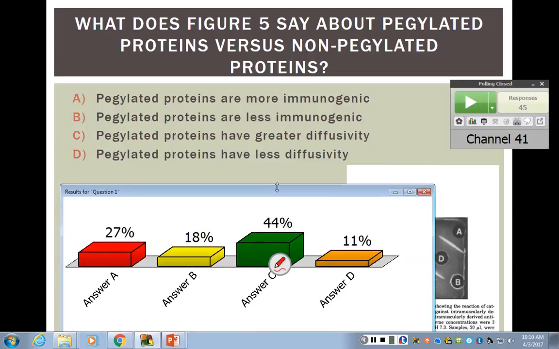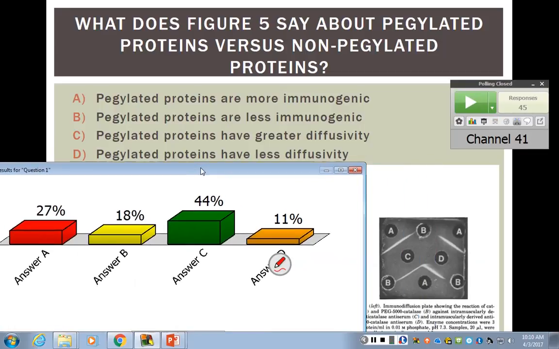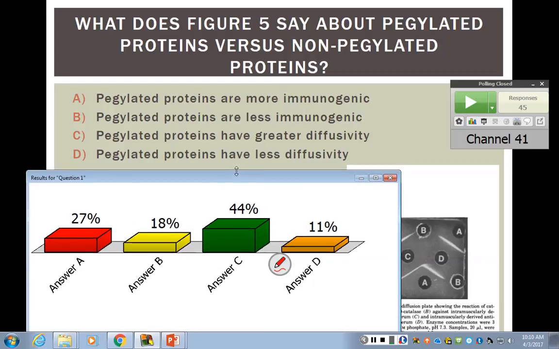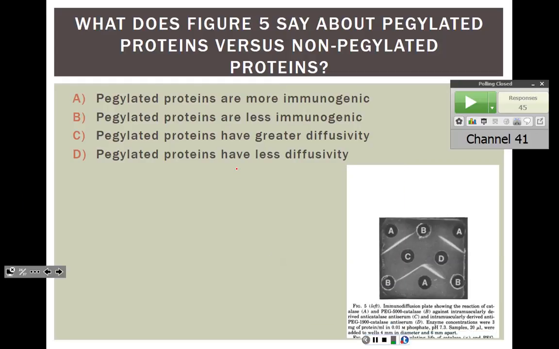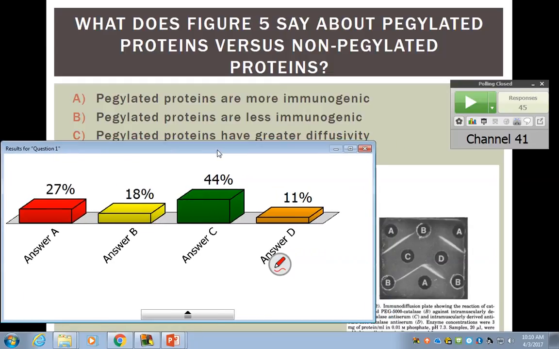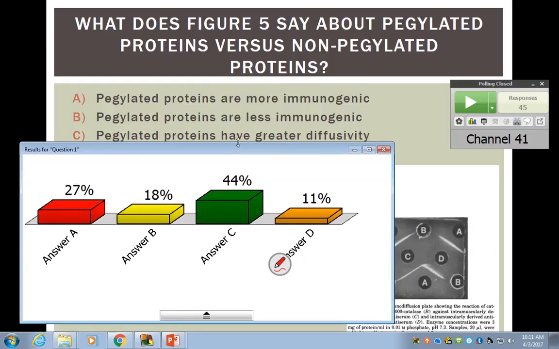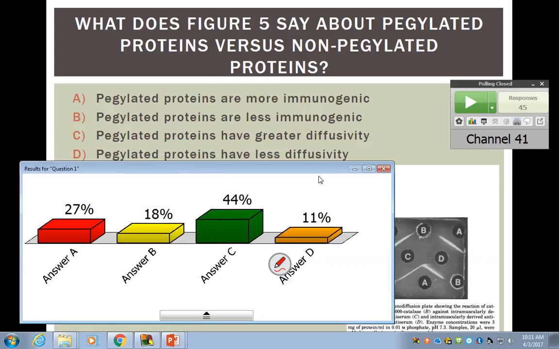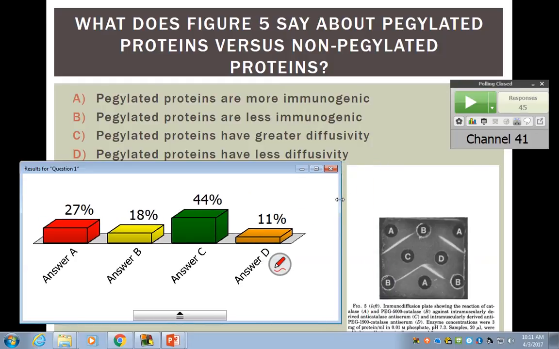Okay, got some disagreement here. Those of you that said A, why did you say A? Pegylated proteins are more immunogenic. Why?